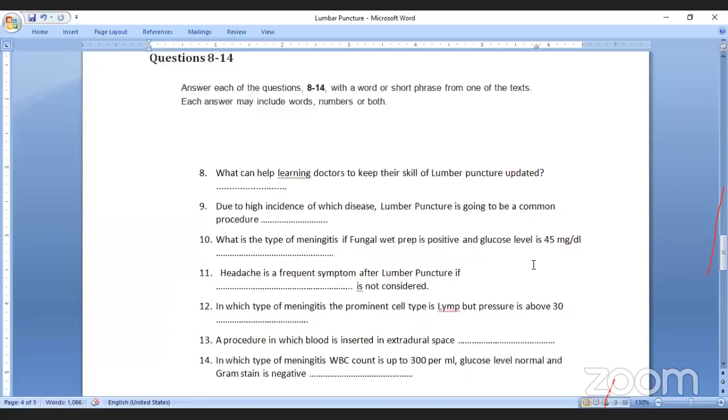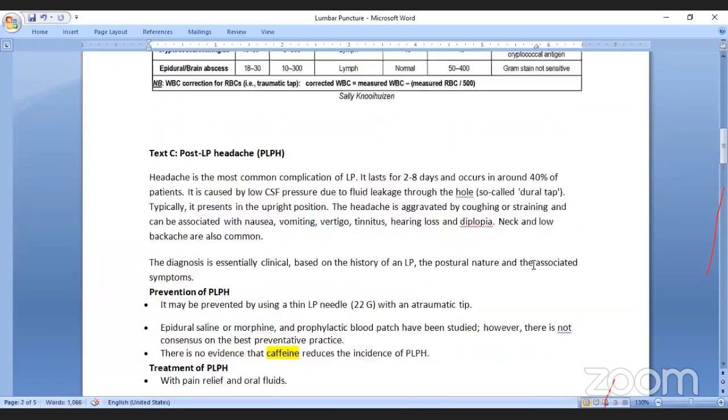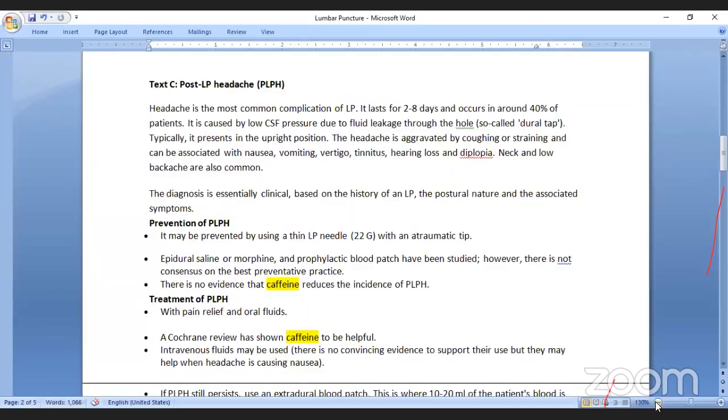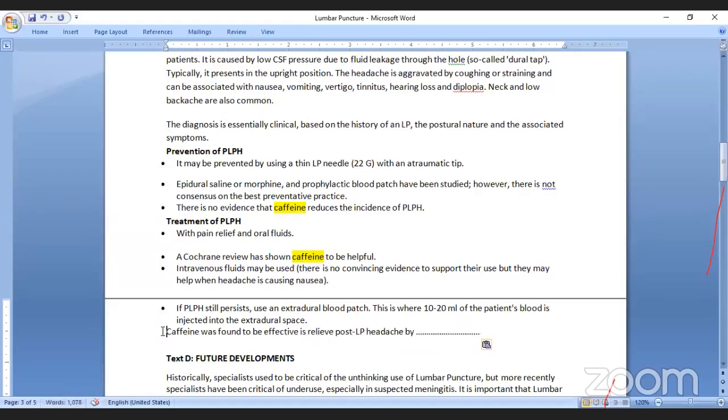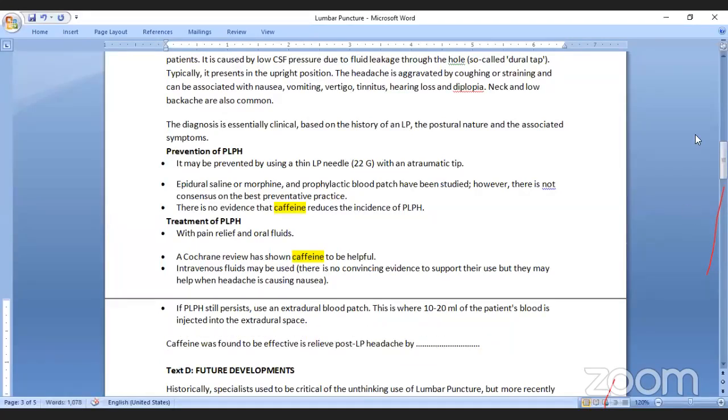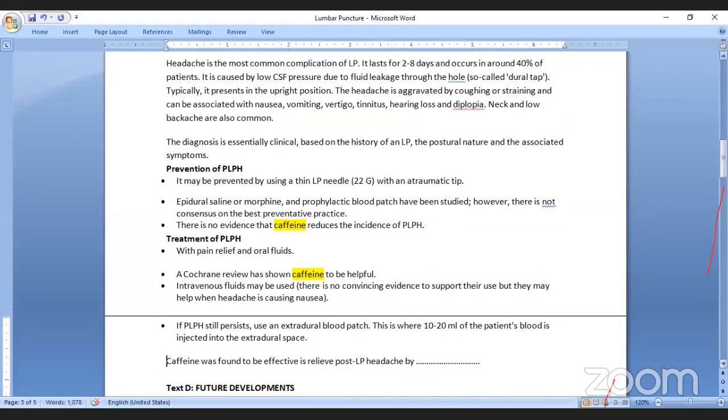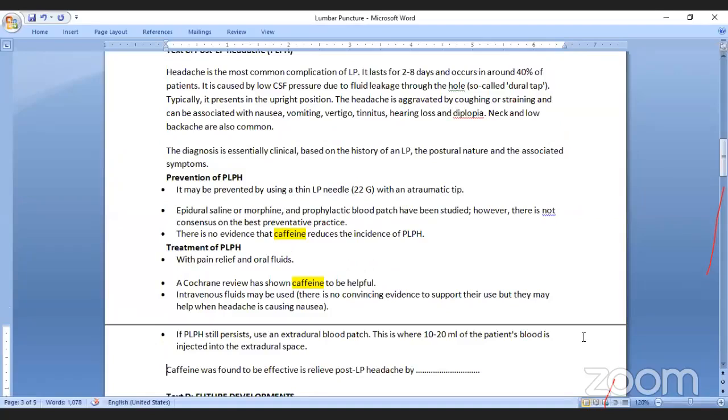So it would be in text C. Try to find the answer here. Please just write in the chat, please.